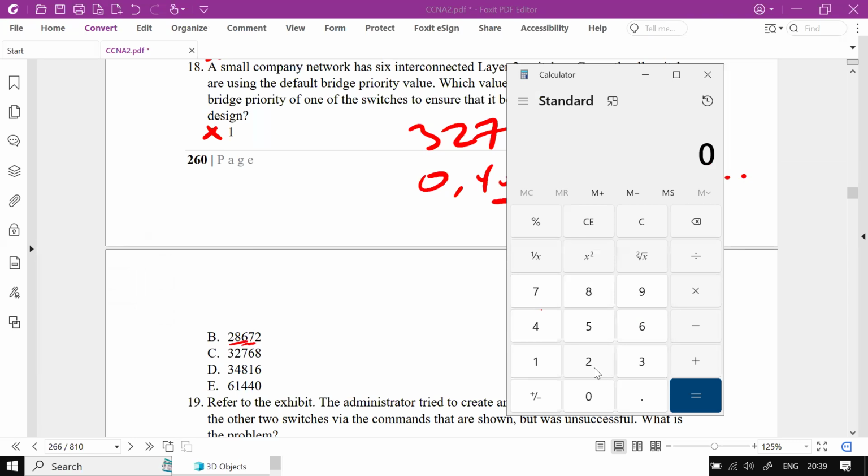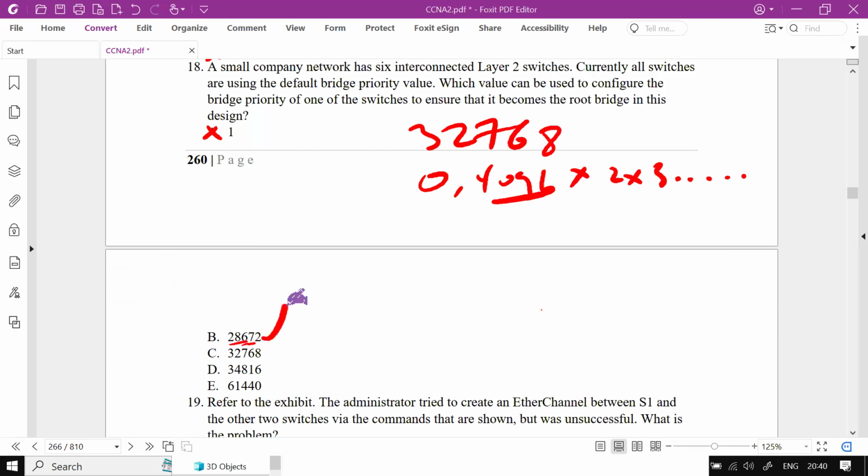So the answer is going to be 28672 divided by 4096. Yeah, that's an answer. This one cannot be the answer because that's the default one. Probably these ones are not answers because I asked for multiples of 4096. Yeah, you can confirm, they are not multiples of 4096.